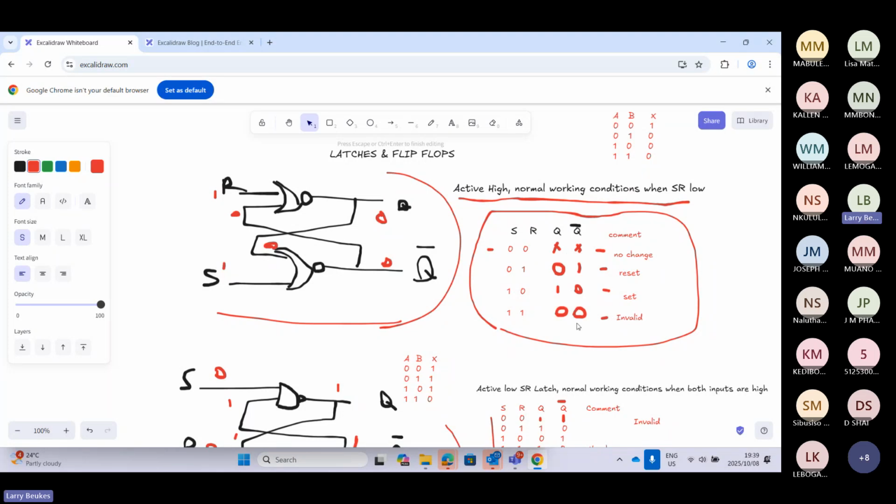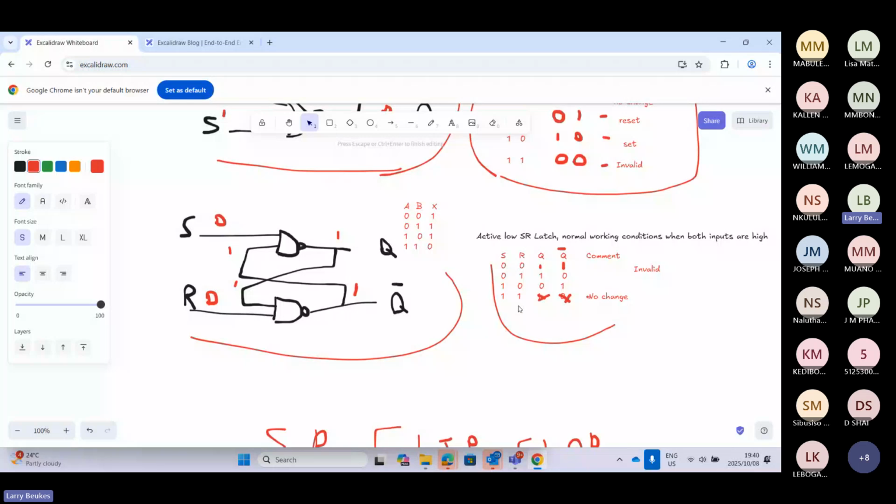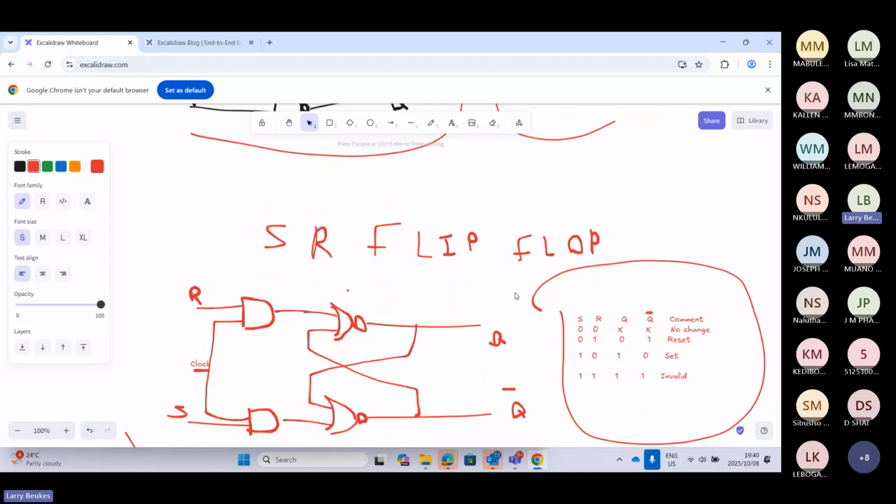So this condition is the one that made us want to develop flip-flops, right? This is the reason for flip-flops. Then again, we had this active low condition where 1, 1 means no change, and then 0, 0 was invalid, right? So now this condition made us introduce the SNR flip-flop.